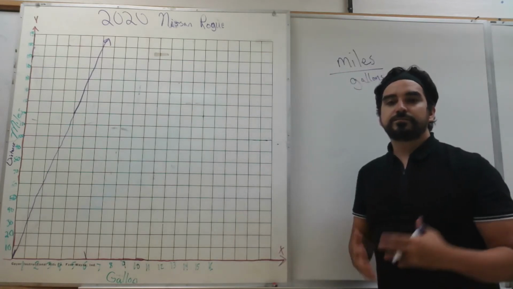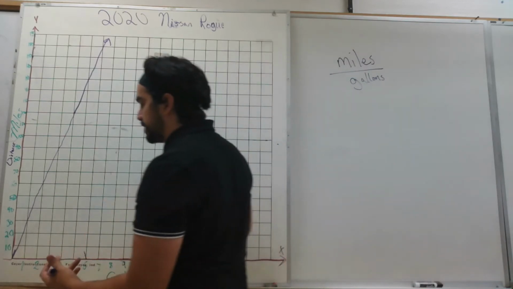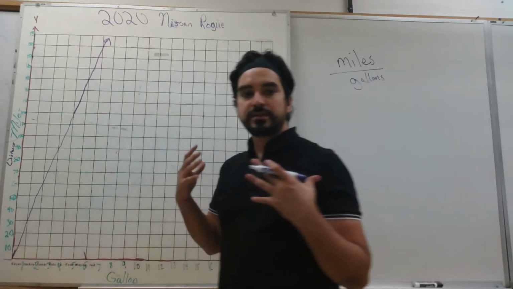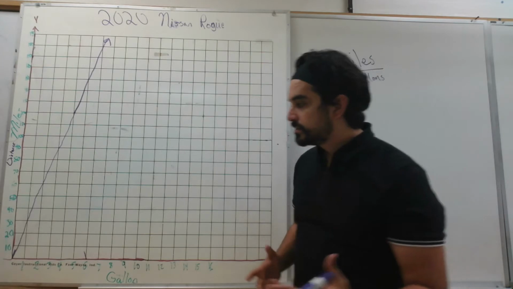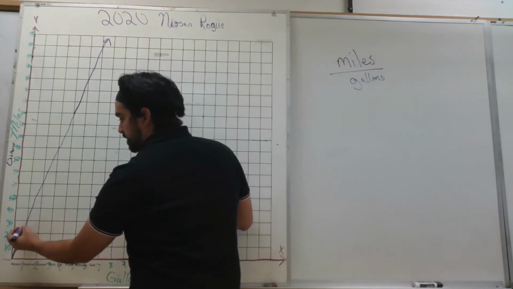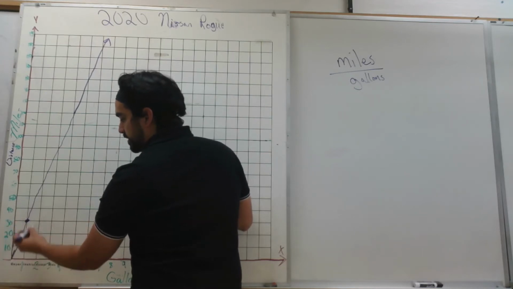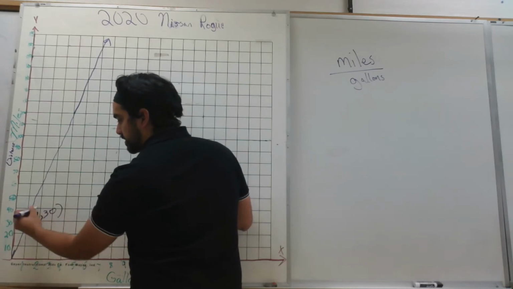So let's go ahead and find bullseye points. Remember, bullseye points have to be integers. The one I'm going to use is this one right here, which would be (1, 30).